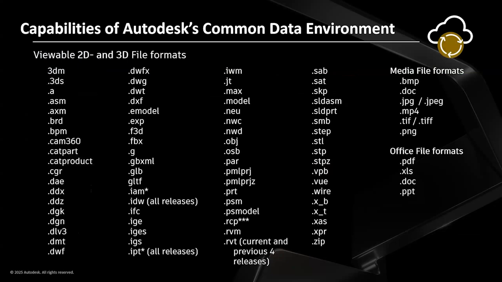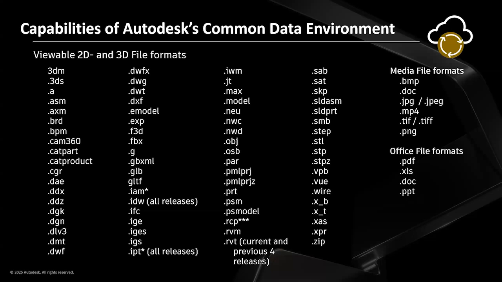So, with Autodesk Docs, you can use those functions with multiple types of file formats as well. That's another feature Autodesk Docs has, the range of file formats supported within the Autodesk Docs viewer.